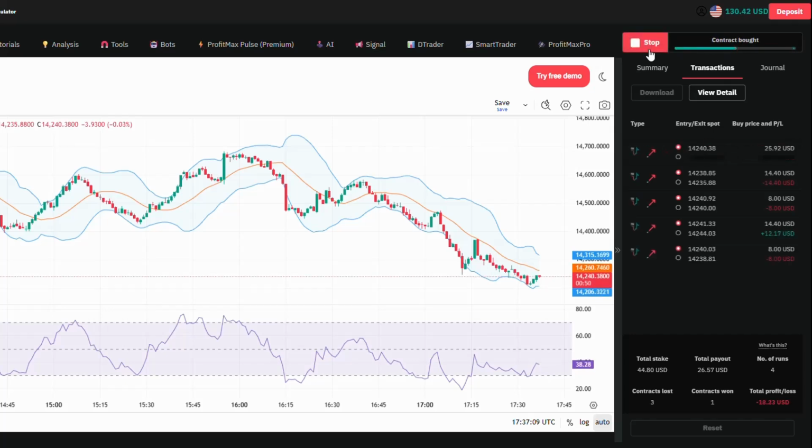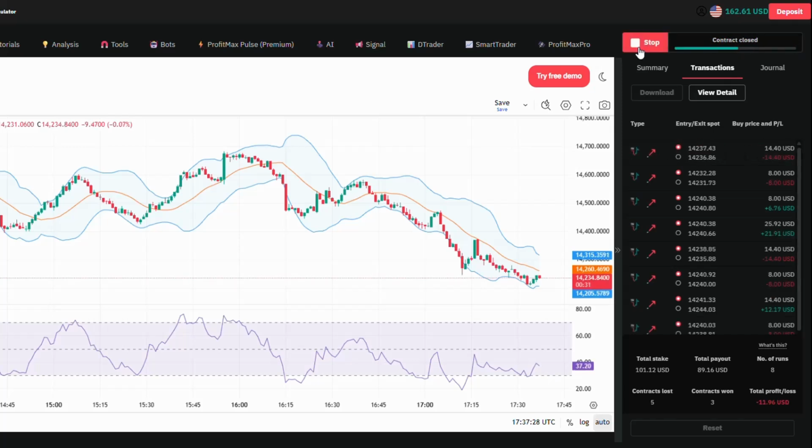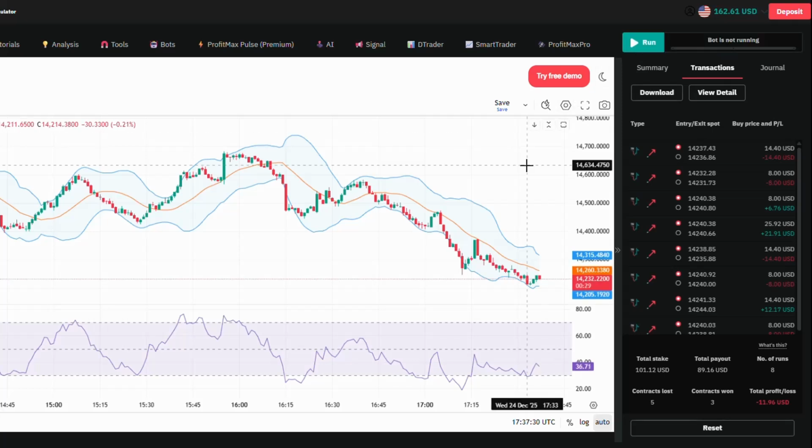Let's see. Despite seeing the red candlestick, it will most of the time retract. It's red, yes, but it's retracting up. It's forming, but it's retracting. That's why you see we are getting those wins. Let's see. The pointer is pointing down now, but I know it will retract at some point.